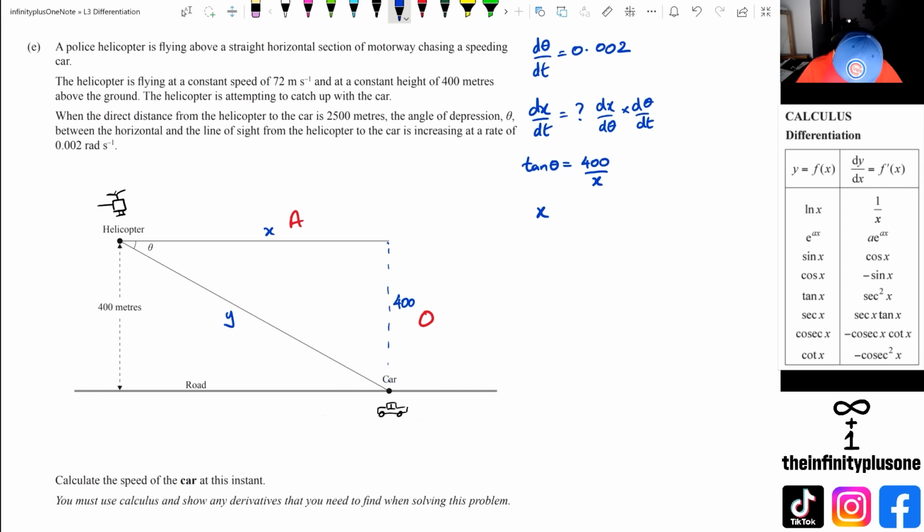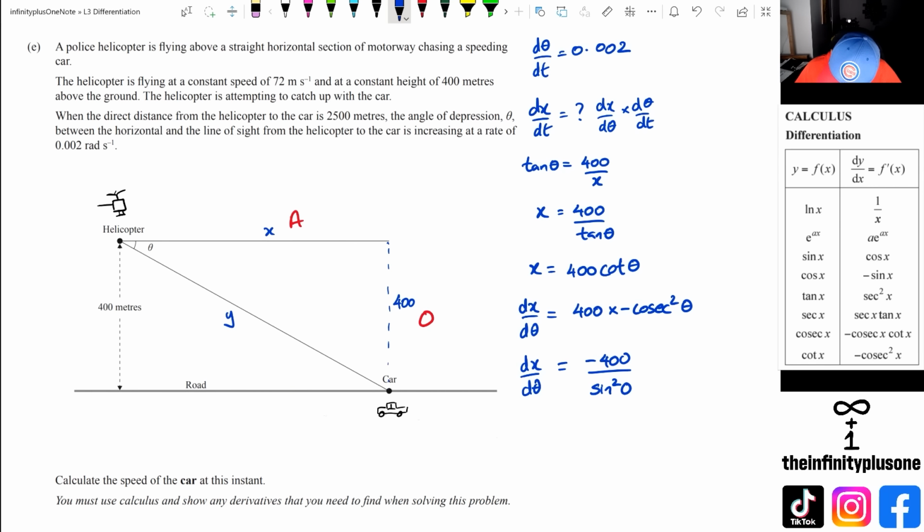Cross multiplying, we get x is equal to 400 over tan θ. Now 1 over tan θ is the same thing as cot θ, so x is equal to 400 cot θ. So dx/dθ is equal to 400 times the derivative of cot, which is minus cosec squared θ.